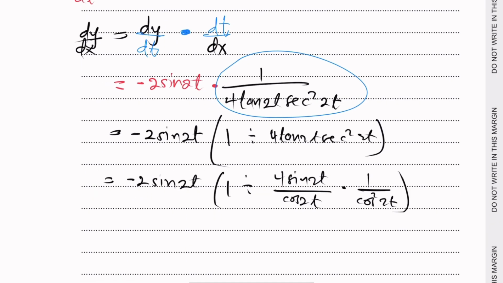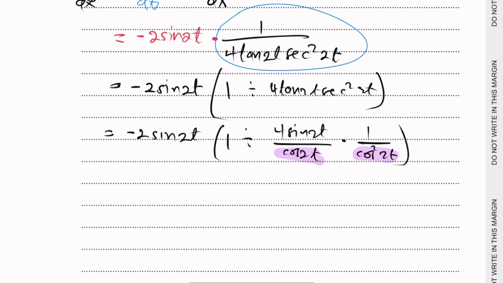Now look at the denominator. 2t, 2t. You can multiply them. So we have negative 2 sine square 2t divided by 4 sine 2t over cos cube 2t.